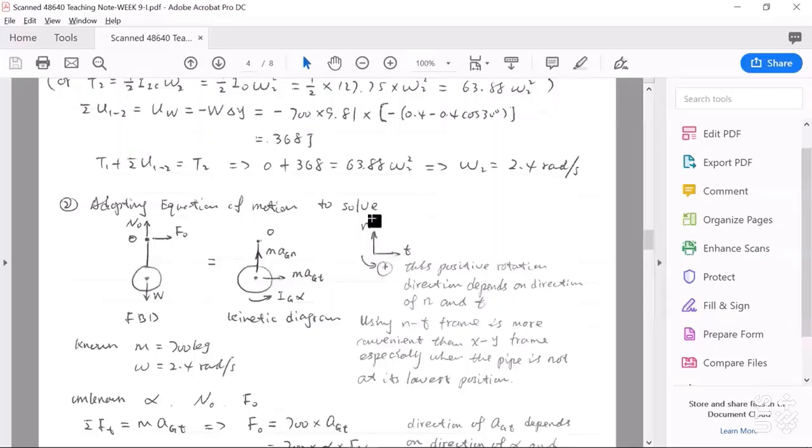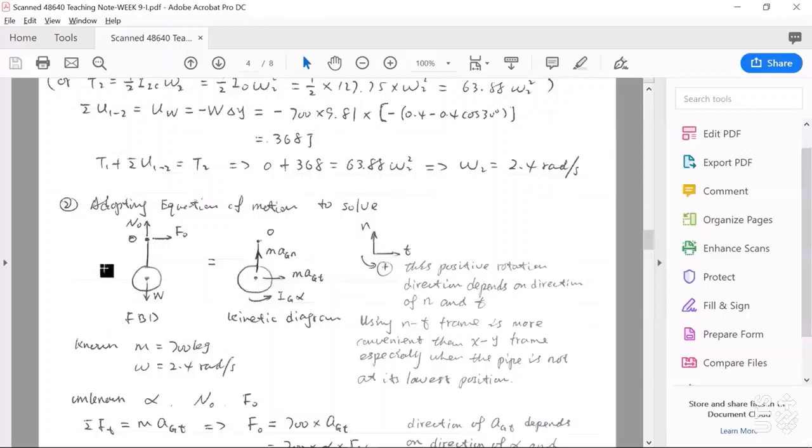Define this vertical direction as N, upward is positive. Define this horizontal direction as T, and the positive direction to the right side.